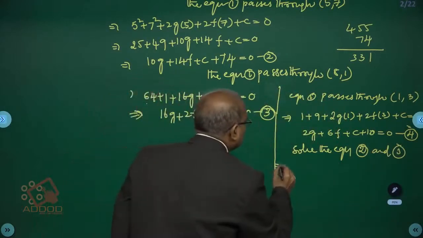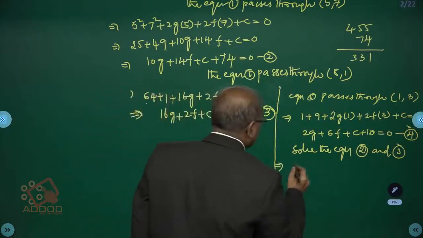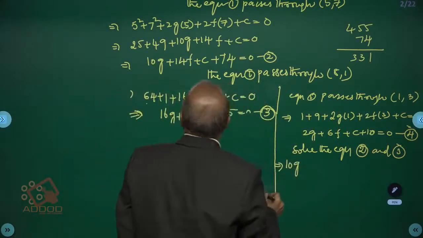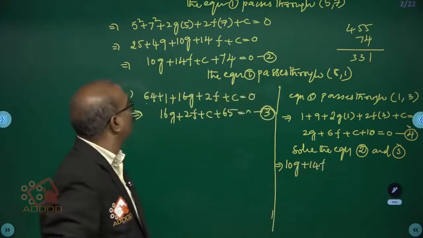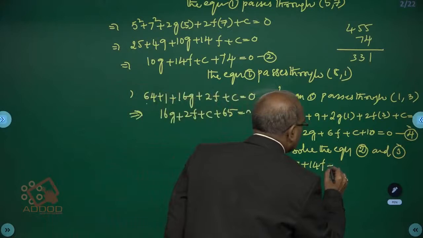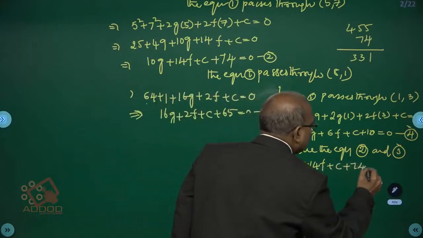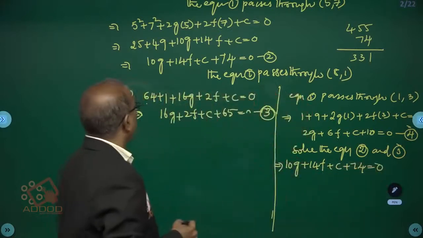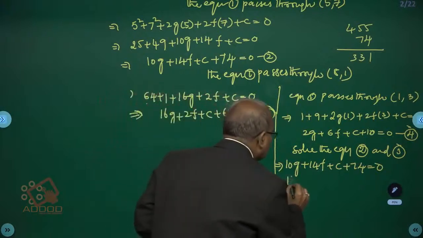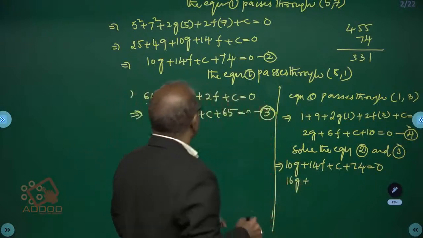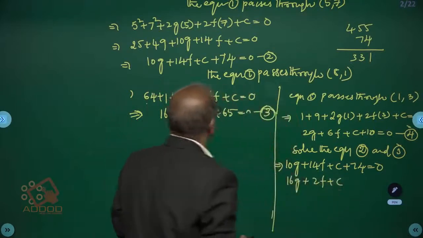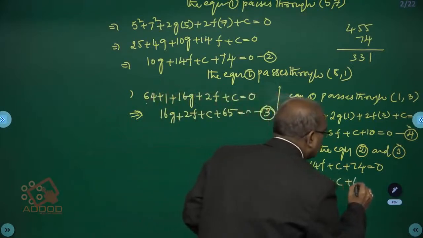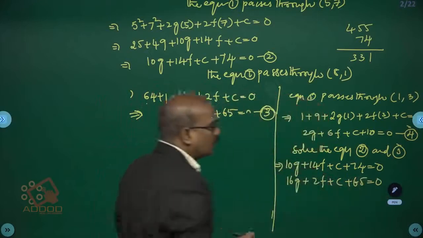Equation 2 is 10g plus 14f plus c plus 74 is equal to 0. And the third one is 16g plus 2f plus c plus 65 is equal to 0.